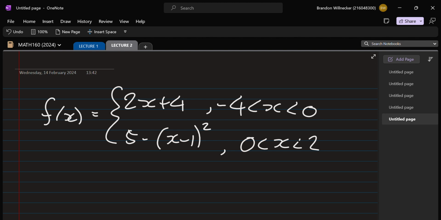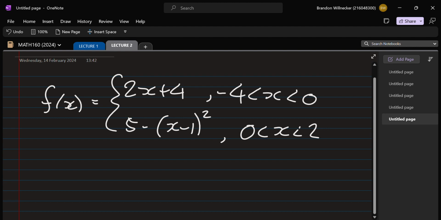There's the subdomains. We've got an interval for x for the first bit. We have an interval for x for the second bit. The domain will be the union of the two. Because it's one function, we union the parts together. Okay, so with that in mind, what will the domain be? -4 to 2, not quite.